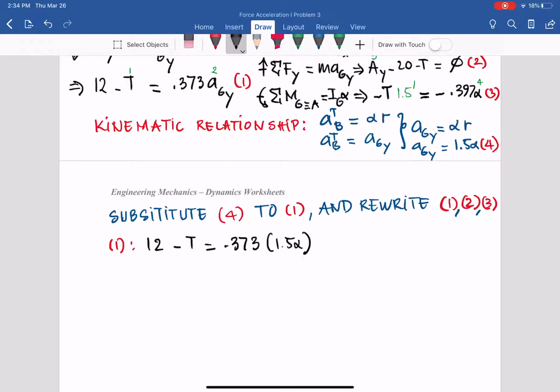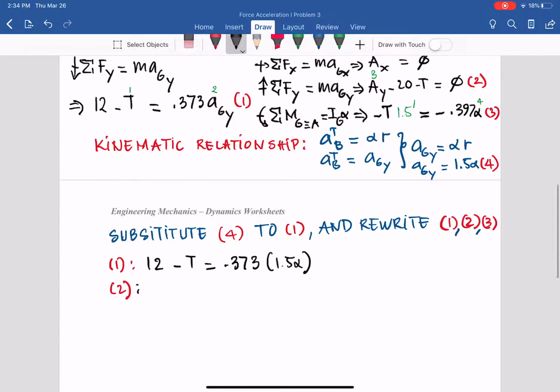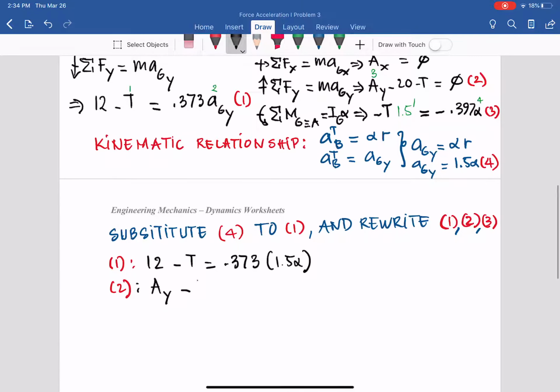And then number 2, you will have the same Ay minus T equal to 20.